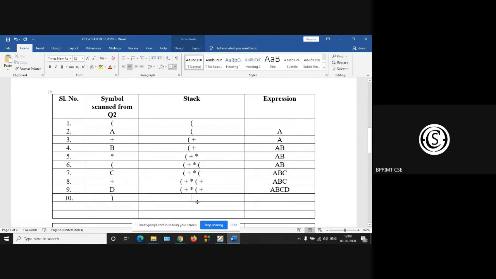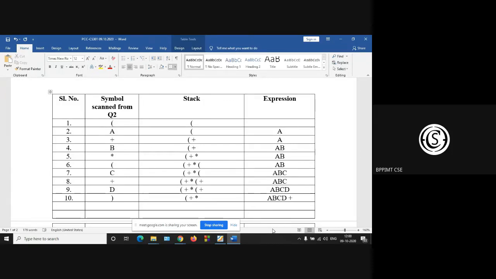Okay. So this will be opening bracket, plus, star. Don't write this bracket in the expression, and as this closing bracket has lower priority than the in-stack operator, you have to pop this plus and write A, B, C, D, then plus.